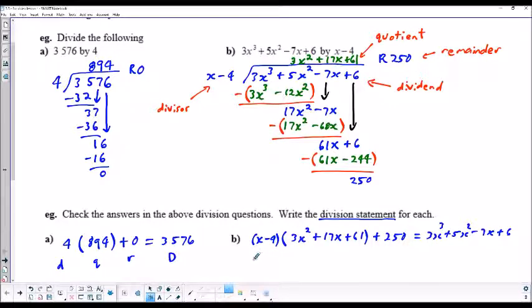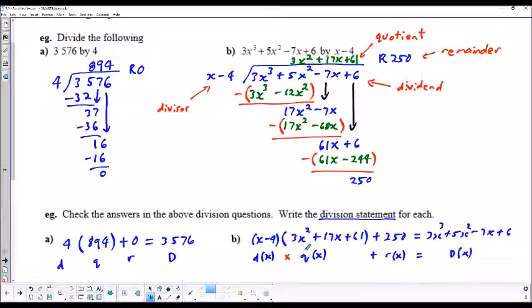So the divisor multiplied by the quotient plus the remainder equals the dividend. I'll put a little multiplication symbol in there.